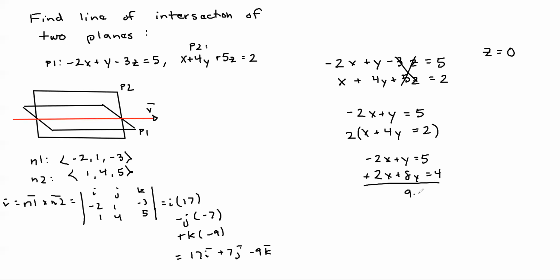Add them, you get 9y equals 9. y equals 1. Plug that into this one here, and we get -2x plus 1 equals 5, -2x equals 4, x equals -2.